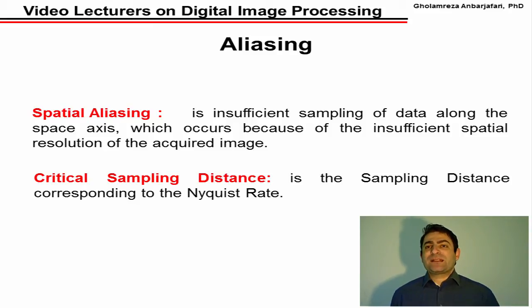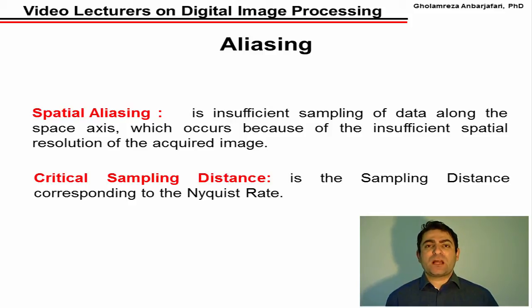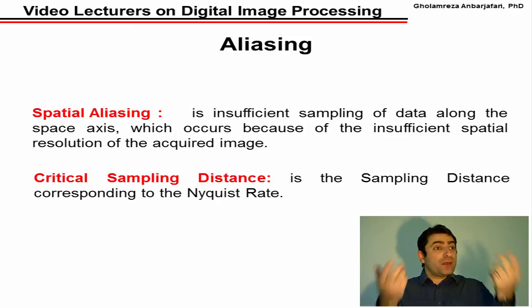So, in statistics, signal processing and related disciplines, aliasing is an effect that causes different continuous signals to become indistinguishable when sampled. In other words, we are doing the sampling, but from the sampled signal we cannot retrieve the original signal.